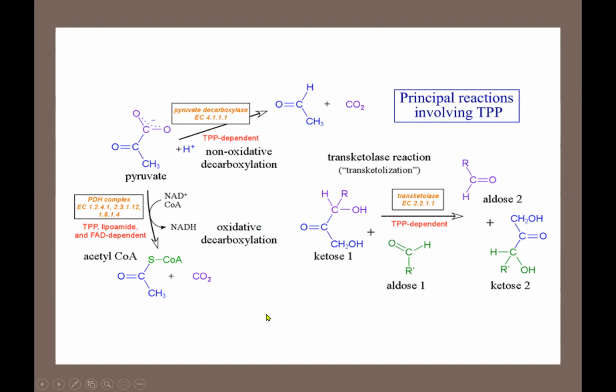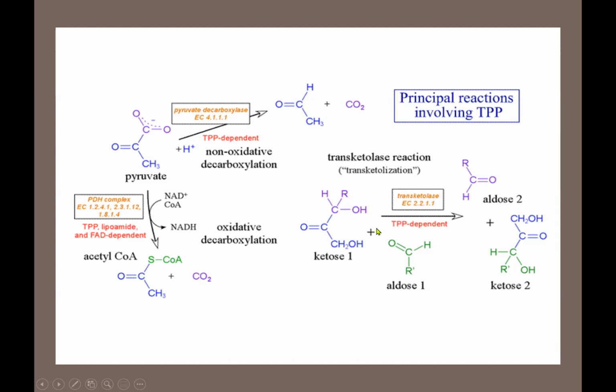So I mentioned that this is an important cofactor that we have seen several times already. It was essential to the activity of the non-oxidative decarboxylation of pyruvate in ethanol fermentation. So here we have the formation of acetaldehyde, right, and the release of CO2.